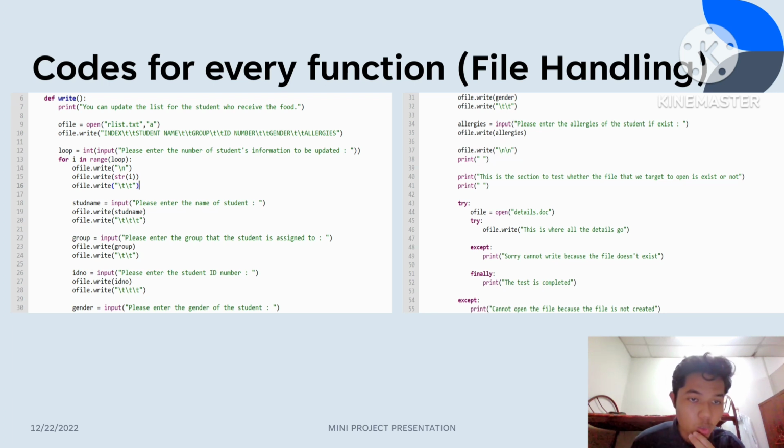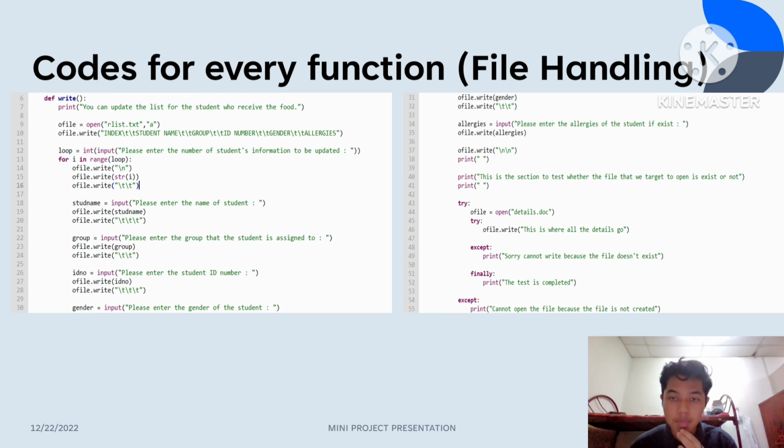Then we input the data into the file by declaring ofile.write for the name, ofile.write for the group, ofile.write for the ID number, and ofile.write for the gender. Last but not least, ofile.write to make a space in the file.